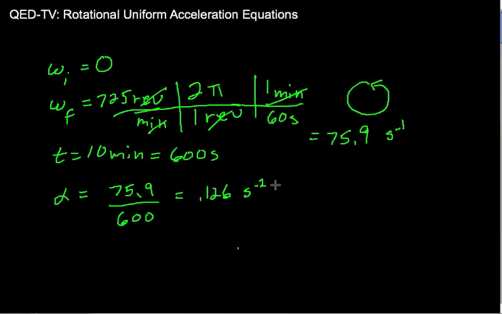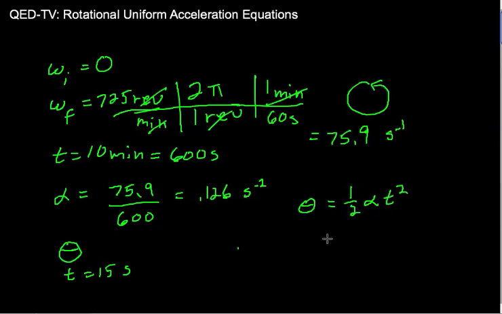Let's take this problem a little bit further, and let's say, how much will it have rotated? What's the angular displacement if we let it accelerate like this for, let's say, 15 seconds? For 15 seconds it accelerates like this. Well, I need an equation that has angular displacement in it, and I could use angular displacement equals initial angular velocity times time, but that would be 0, plus 1/2 angular acceleration times time squared.